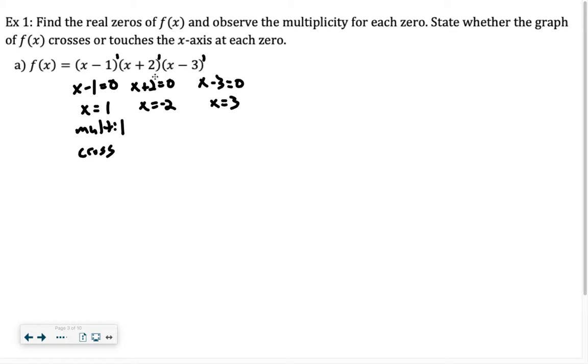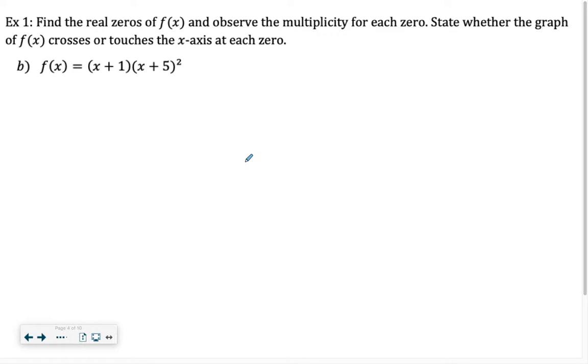And it'll be the same for each of these because the exponent is 1. So the multiplicity is 1, and the graph crosses the x-axis. All right, let's try another one here.